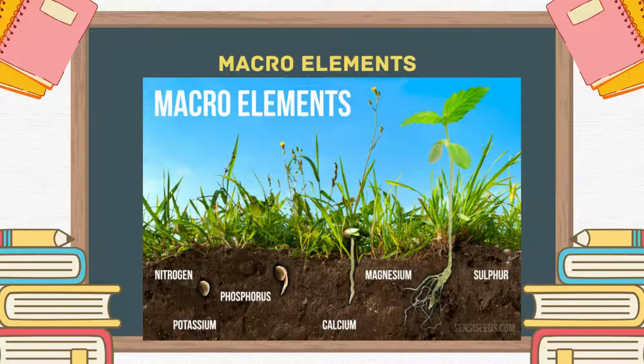So if you understand the functions, it helps you to clearly depict the deficiency symptoms. If you know what nitrogen does to the plant, then when there is a lack of nitrogen, you will be able to understand how so.